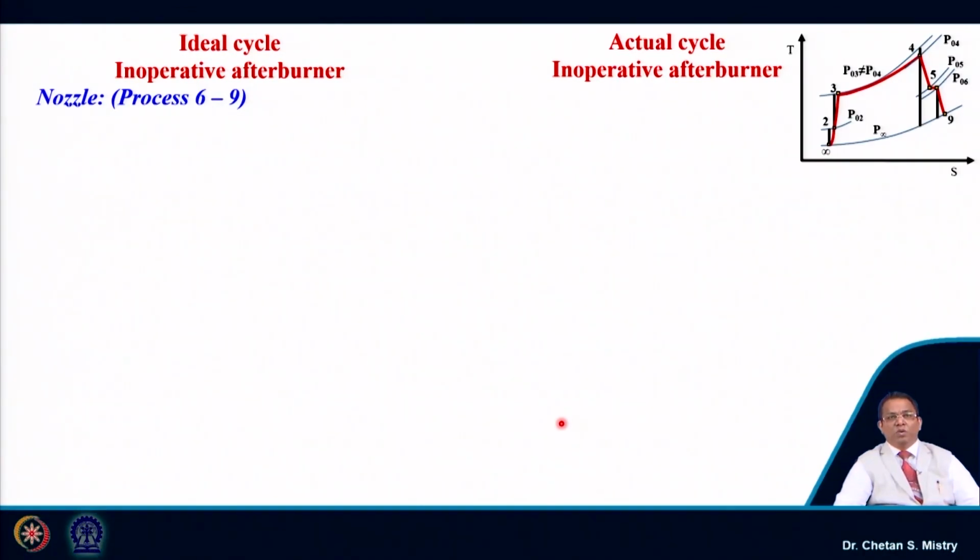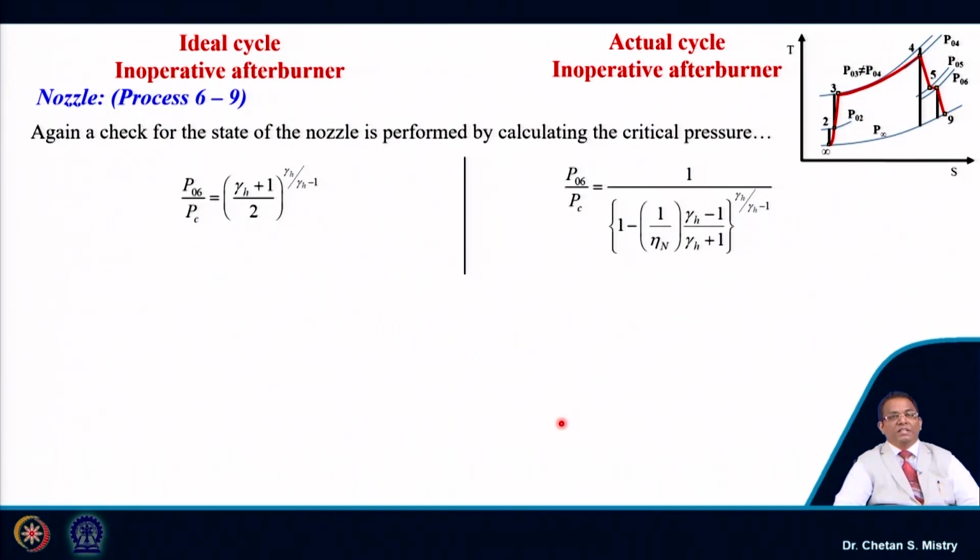Now, let us move towards the next component, that is the nozzle. It is represented by the process 6 to 9. Here, as we have discussed, the very first thing we need to do is to calculate the critical pressure. When I am considering my ideal process, that is given by ((gamma plus 1) by 2) to the power gamma over (gamma minus 1).